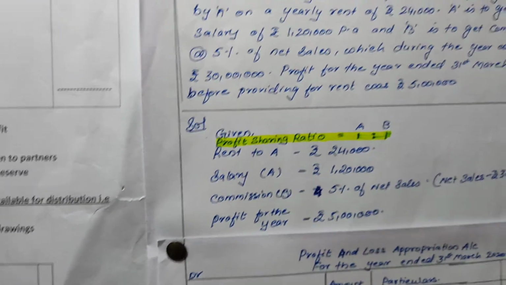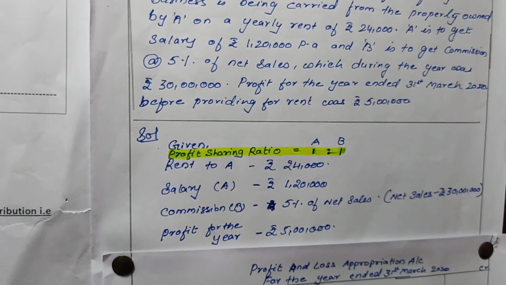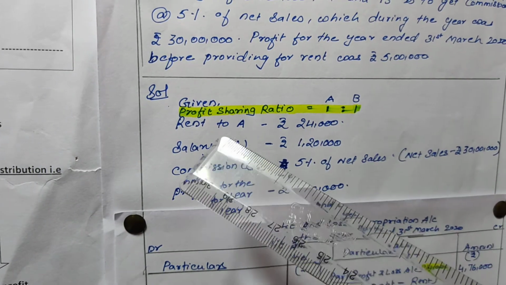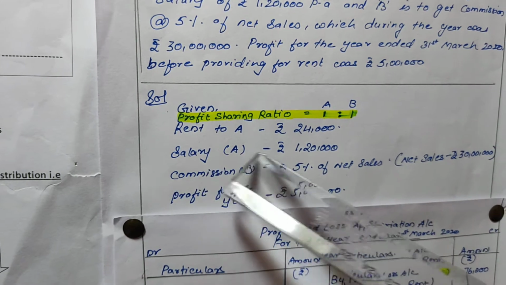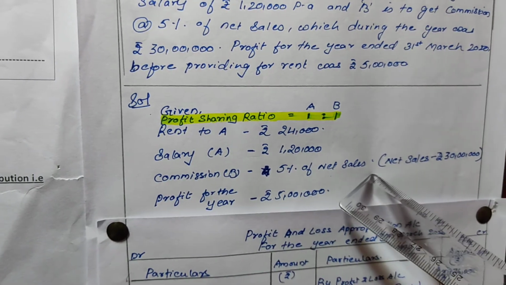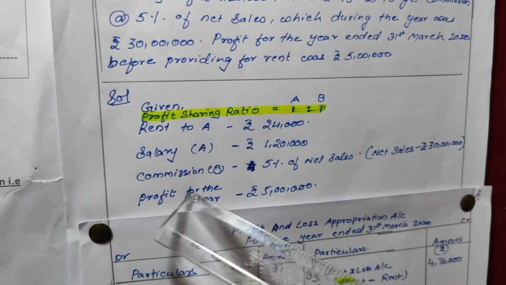So the given information was that profit and loss was shared equally, that is 1:1. Then rent to A is 24,000, salary 1,20,000, commission 5% on net sales, that is net sales is 30 lakhs, and profit for the year is 5 lakh.